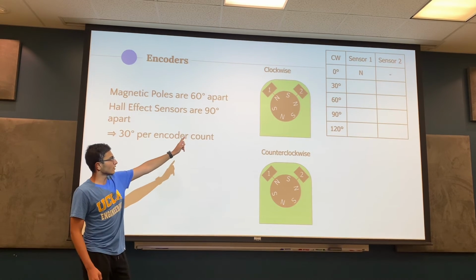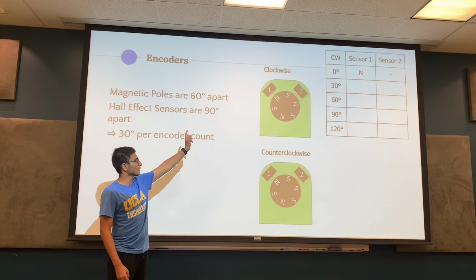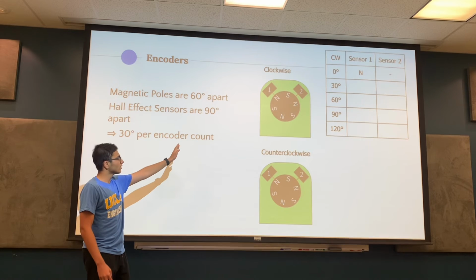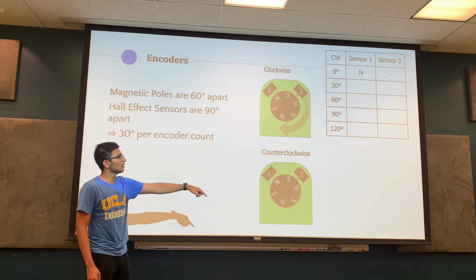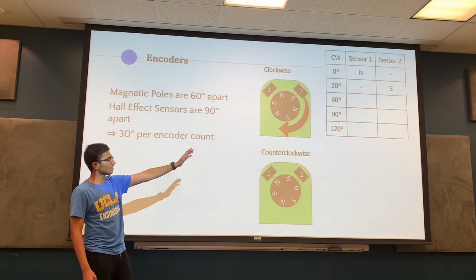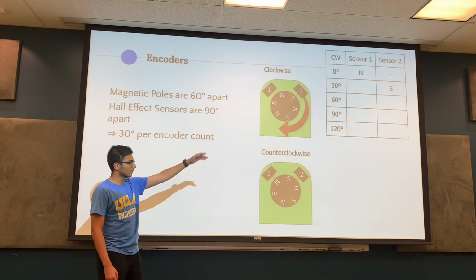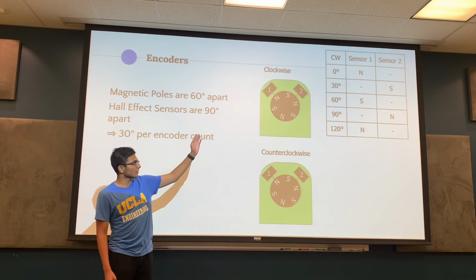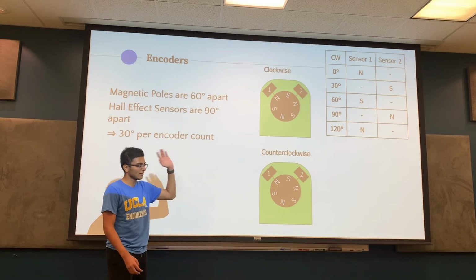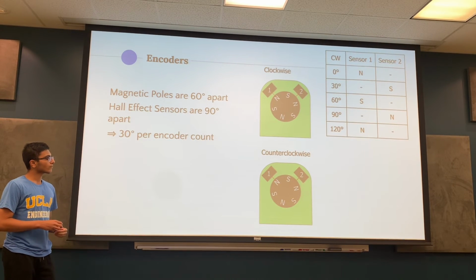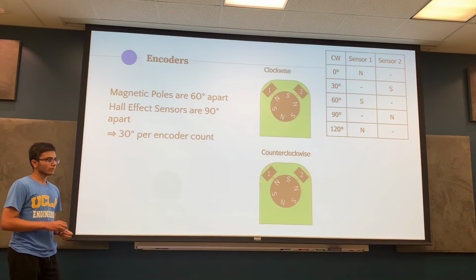As you can see right now, Hall effect sensor 1 is looking at a north pole, whereas sensor 2 isn't looking at any real pole, so it just measures the north pole. After the motor has spun a little bit, the second sensor can detect the south pole, and this keeps on happening as the encoder rotates. You can see north, south, south, north, north, and it keeps going as the motor keeps rotating. It's important that we started with north, as this will determine the clockwise direction.